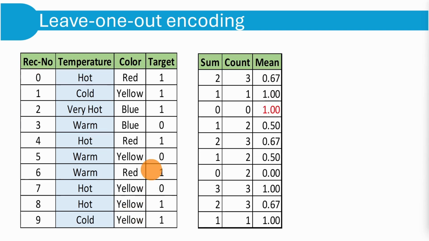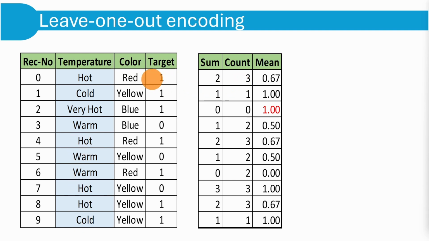So let me explain this with our standard example. These are the data points for temperature, where when you calculate for this row, we'll be excluding it for the target. So if you see, hot has 1, 2, 3, 4, but while calculating this, we'll be considering only the rest of the count. So that's why the count is 3.